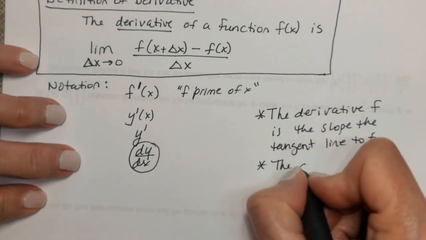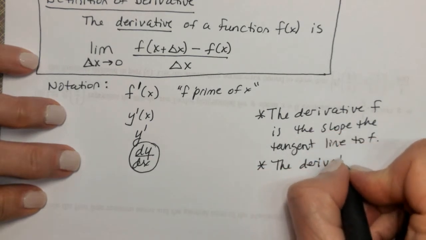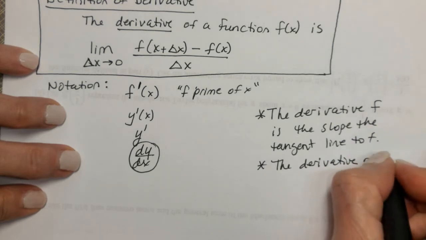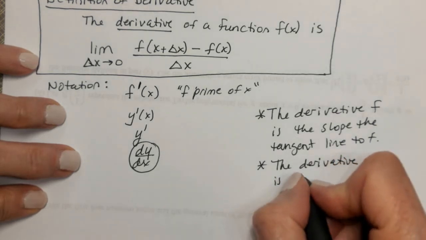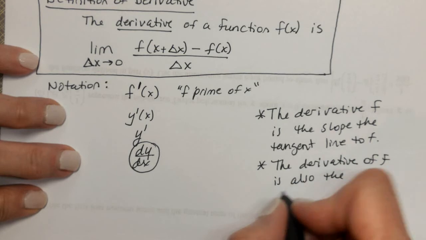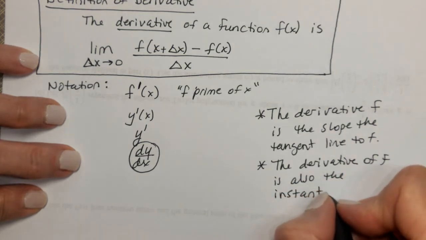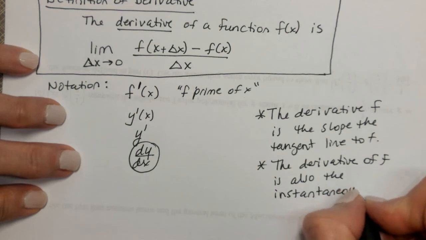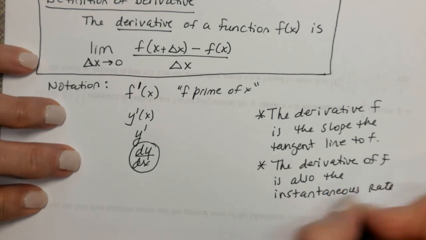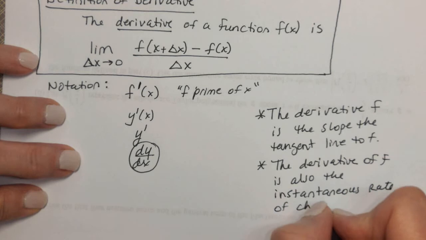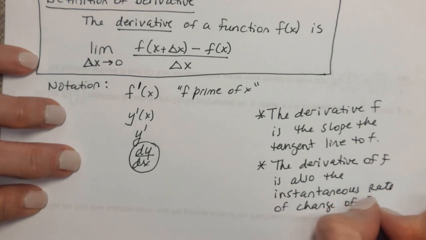The derivative of f is also the instantaneous rate of change of f. Okay? There are different ways that you can be asked questions.